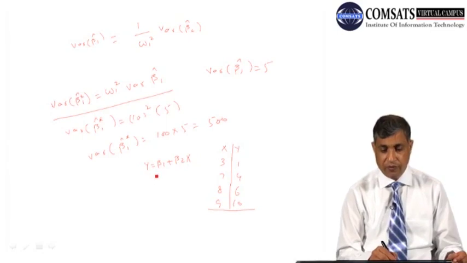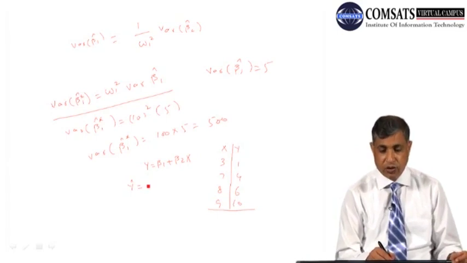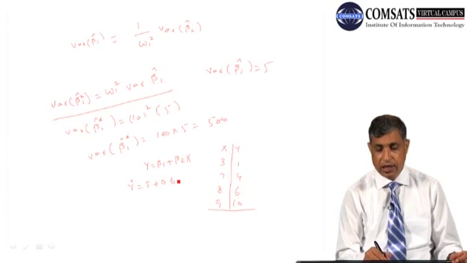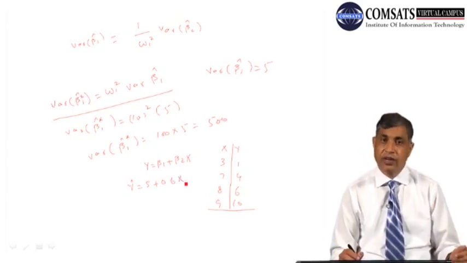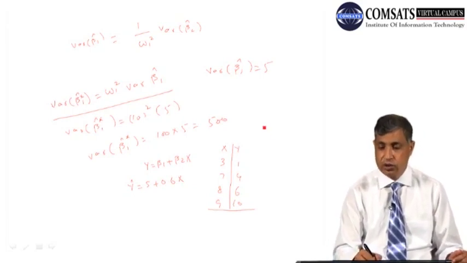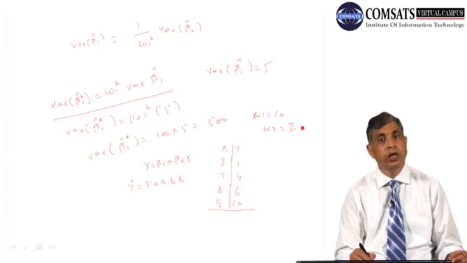So what this means, you come with Y hat equal to, I am just supposing, beta 1 is equal to 5 plus 0.6x. This is now beta 2 hat. Now immediately someone tells you that W1 is equal to 10 and W2 is equal to 2.